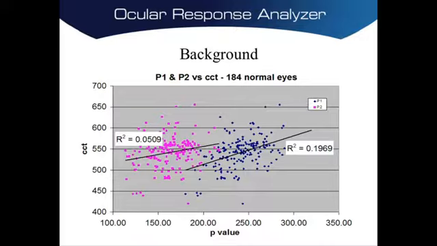The P1 dots are represented in blue, and there's a much stronger relationship between P1, the inward applanation pressure value, and the thickness of the cornea than the P2 value. If you look at the P2 dots, which are in pink, you'll see that the relationship between that applanation pressure and central corneal thickness is actually quite weak.